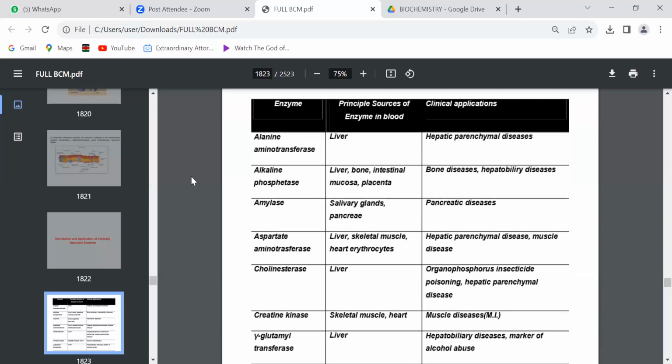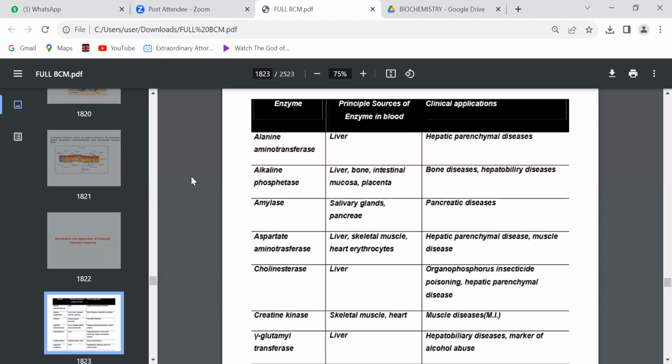So when you check those levels and they're high, you can't just go ahead and say it's this. You also need to check the concentration of other enzymes found in the liver to be able to conclude it's for sure this.